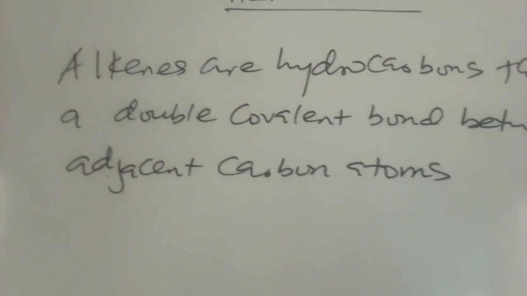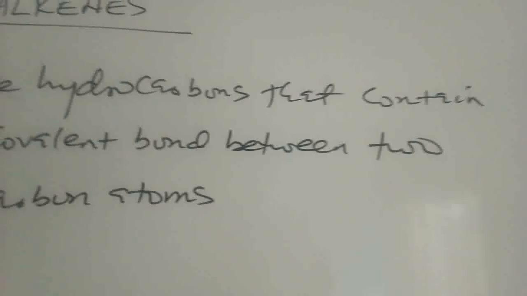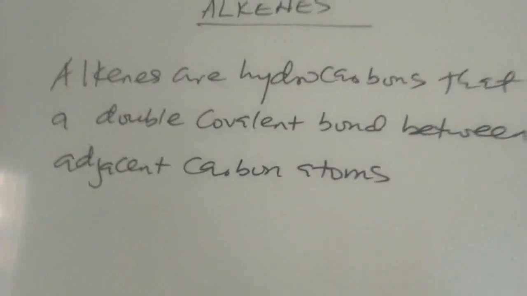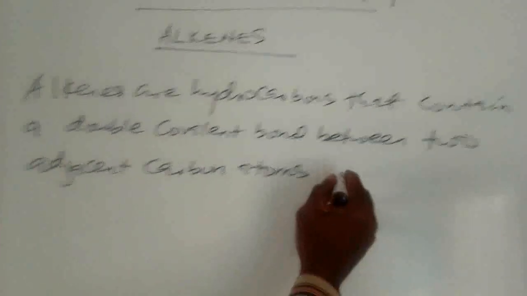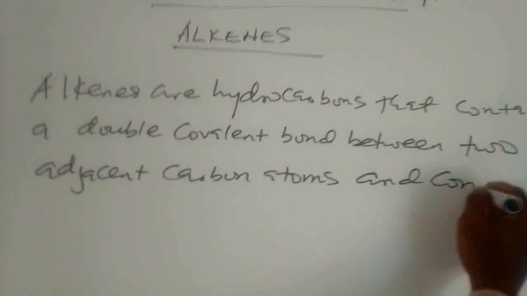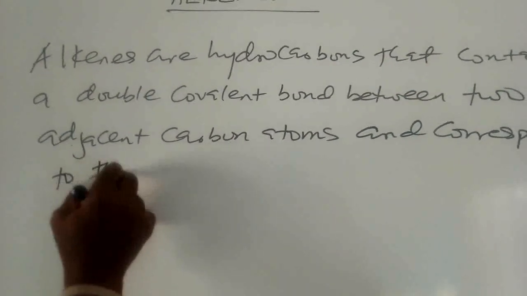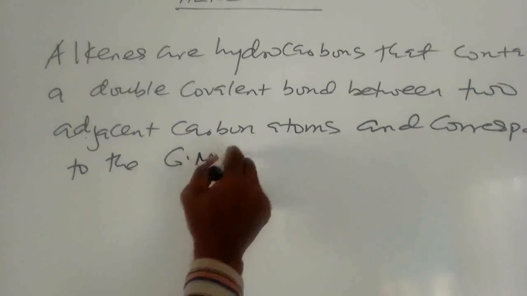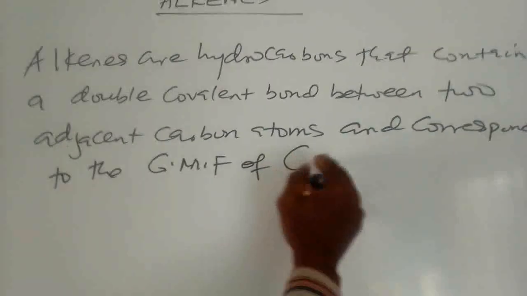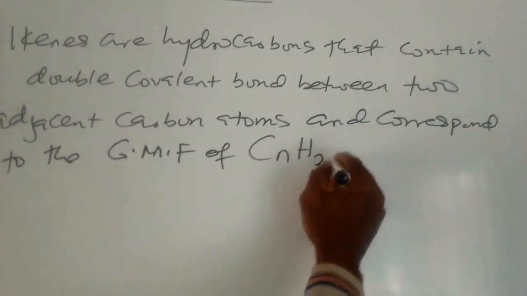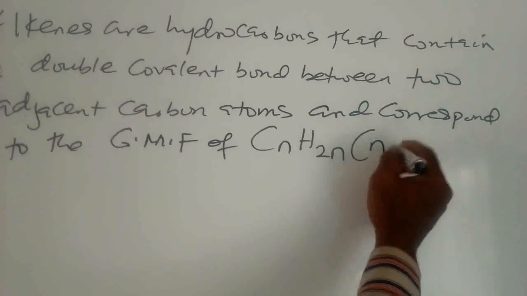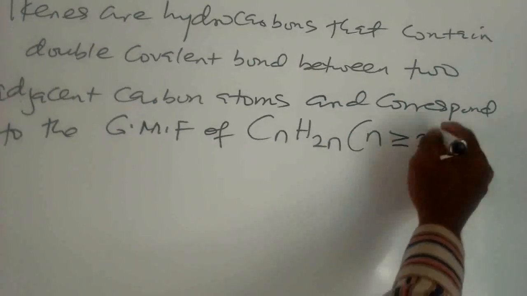Alkenes are hydrocarbons that contain a double covalent bond between two adjacent carbon atoms and correspond to the general molecular formula CnH2n, with n starting from 2.